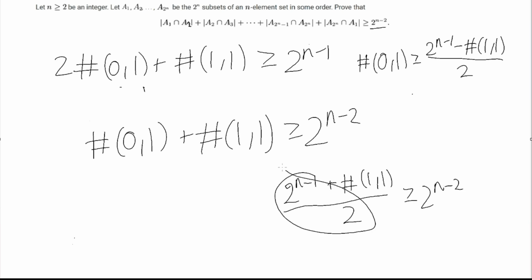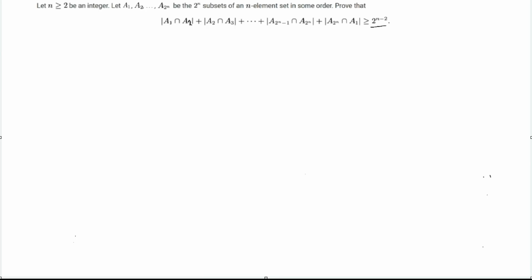But then this one here just becomes this one here. And this one is greater than 0. And we are done. So we reduce this to showing that we have i equals 1 to 2 to the n, we have our original one, ai union or intersection ai plus 1 is greater than or equal to 2 to the n minus 2.